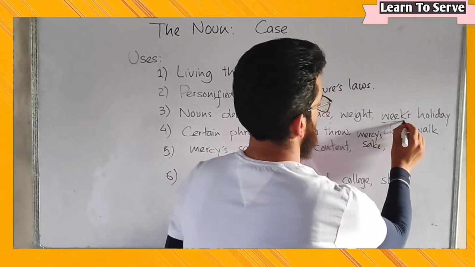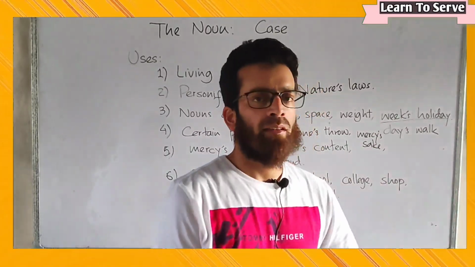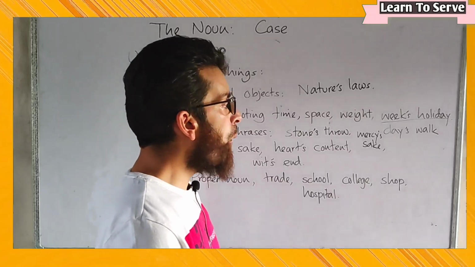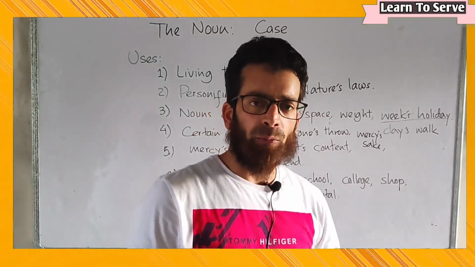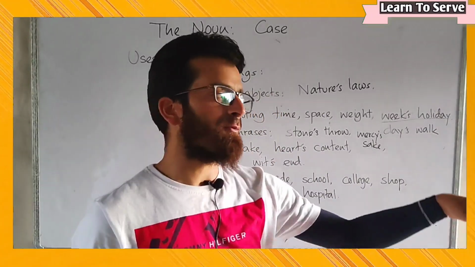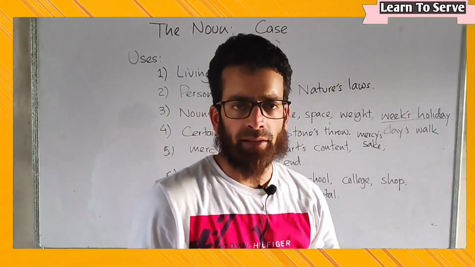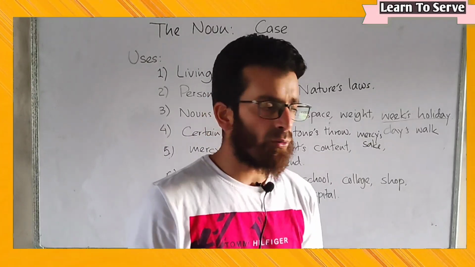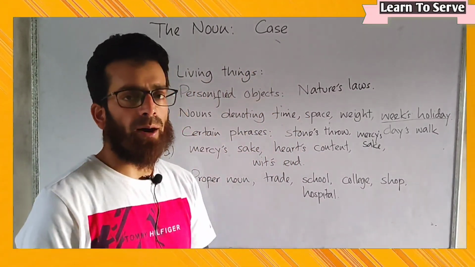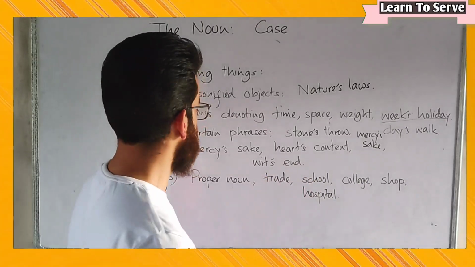Or a day's walk, a walk for a complete day, maybe a day of 12 hours or maybe 10 or 11, that depends on which region you are living in. So this is how you can use apostrophe s or the possessive case.